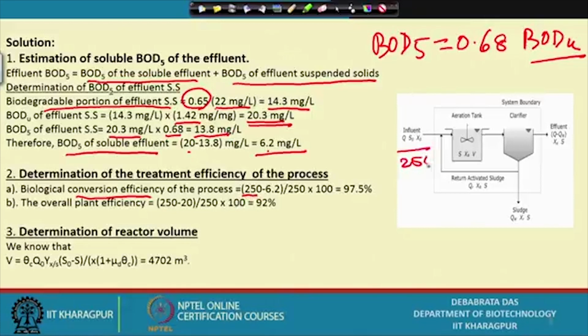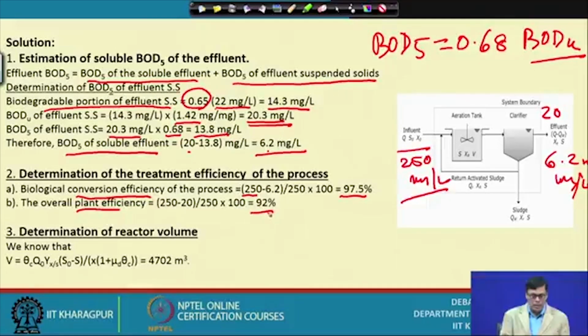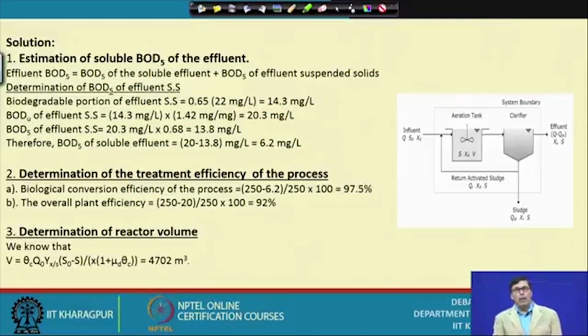Here is 250 milligram per liter BOD5 and here is 6.2 milligram per liter. So the biological conversion efficiency of the process will be 97.5%, but for overall plant efficiency, it is 250 and here 20. So, that means (250 minus 20) by 250 is coming to 92%. So, this is how we can calculate the plant efficiency.